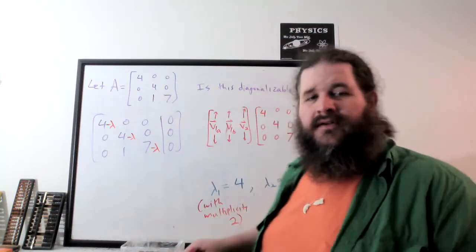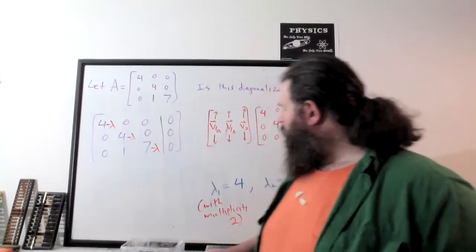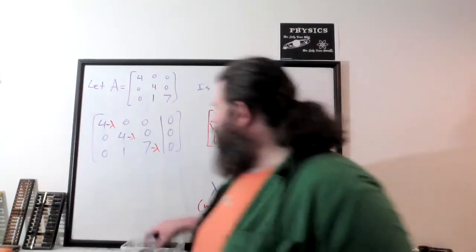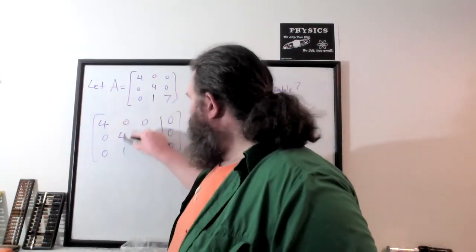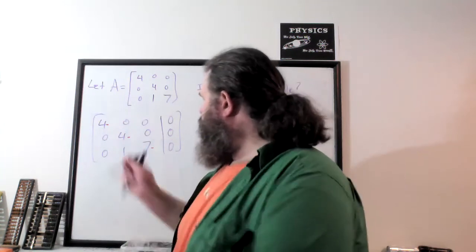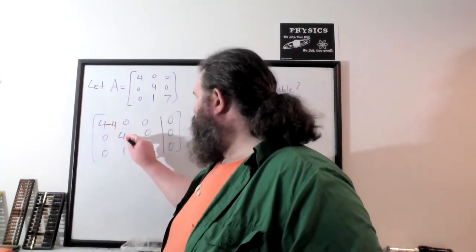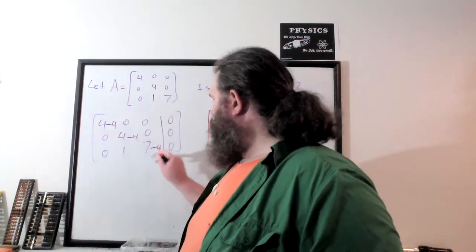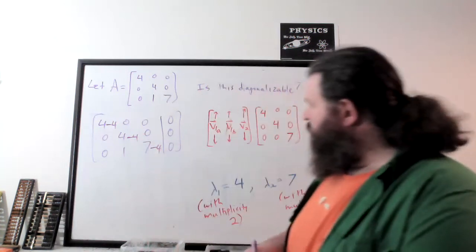Again, we're essentially finding the null space of A minus lambda I. But we also know lambda. Let's go ahead and plug in 4 for lambda. And let's see what we get there.